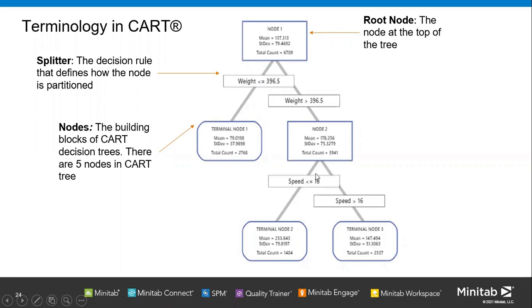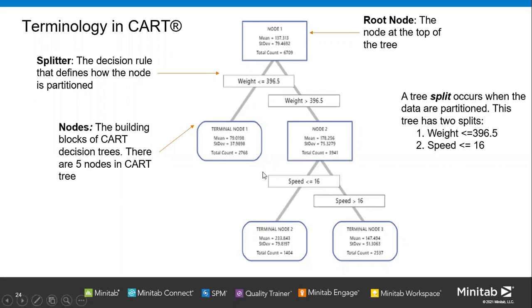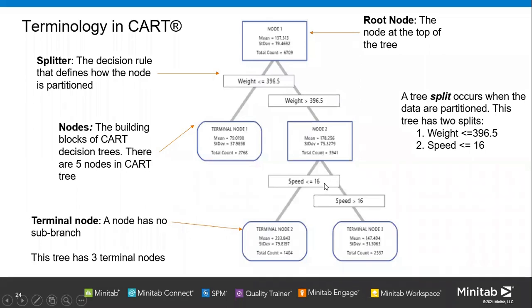But to do the splitting, we have a technique inside there. The technique to do the splitting, we can also use the least squares method as a regression method. So the tree splitting, when the data is partitioned, this tree has two splits. The first here, the second split here.